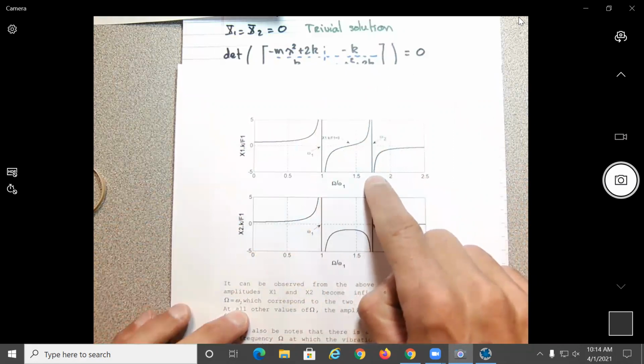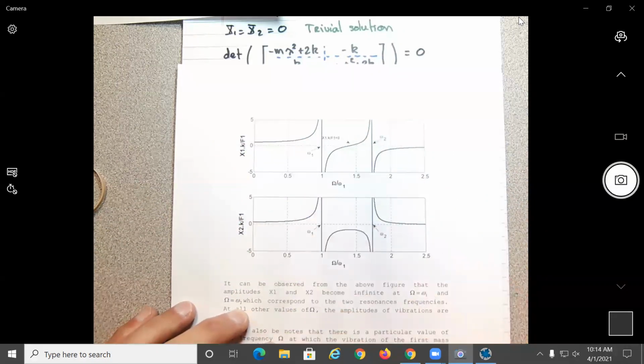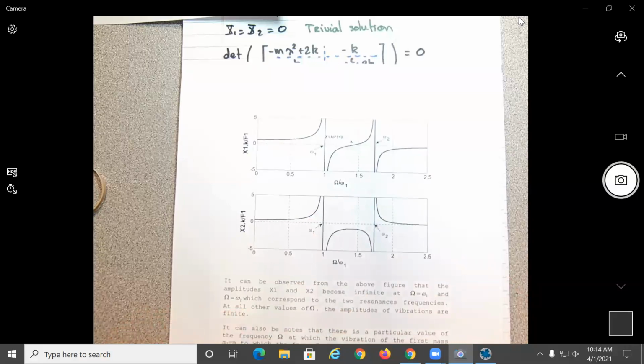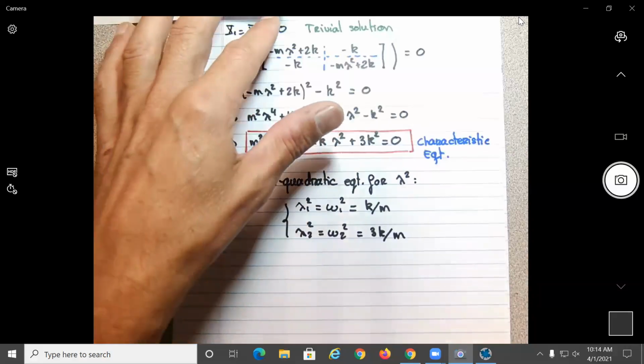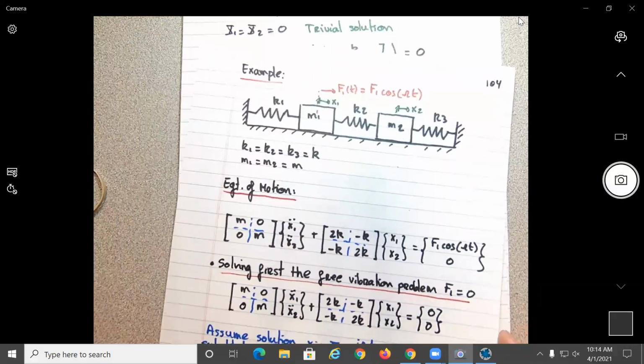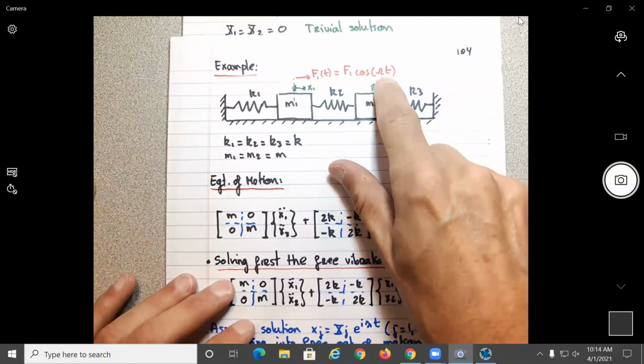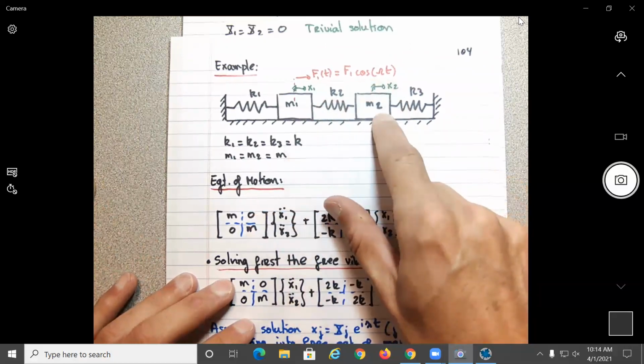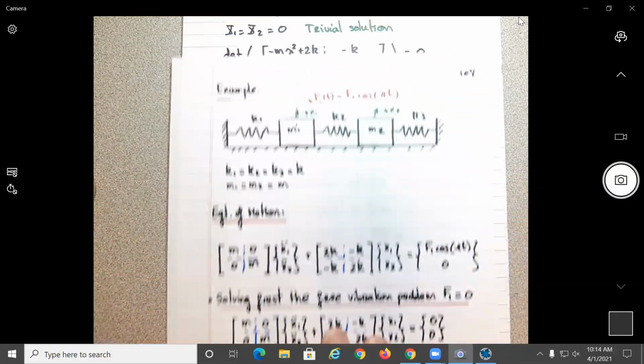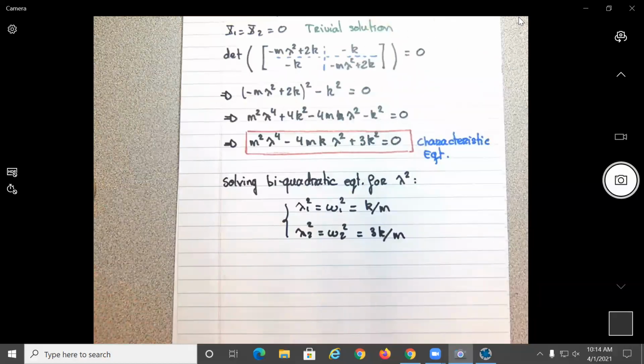So when you do the plot, what happens when you do your design? The last thing you want to happen is your force frequency to be equal to one of those 2 natural frequencies. So I explained it now, and that way we go on.